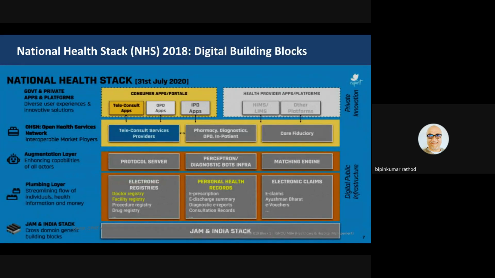So now let's try to understand. I can understand this is a very complex graph in front of you, but let's try to break it down. This is very important for you to understand how India is placing different building blocks to achieve the entity called the National Health Stack.